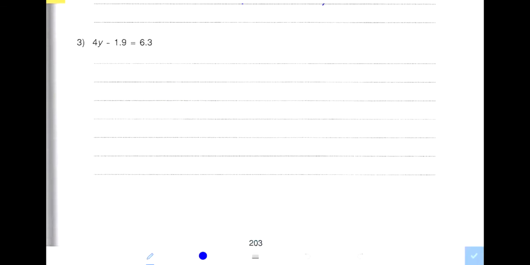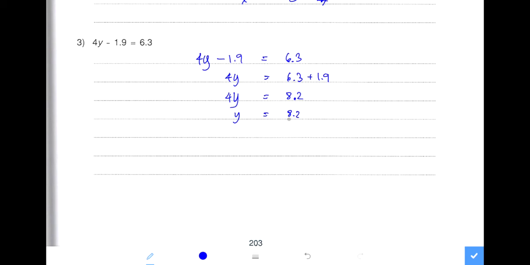Very easy. This one, 4y minus 1.9 is 6.3. So 4y is going to be, move it to the other side, right? 6.3 added with 1.9. So 4y is 8.2, right? 4y is 8.2, so y alone is 8.2 divided by 4.